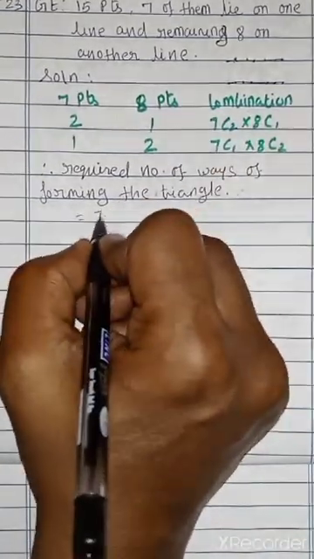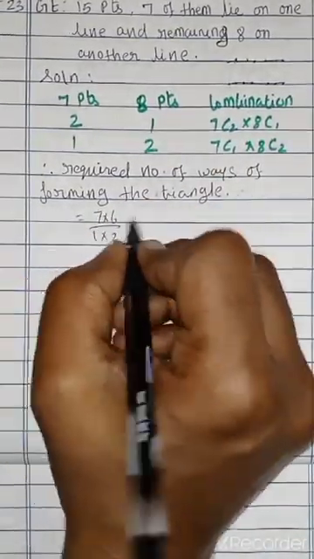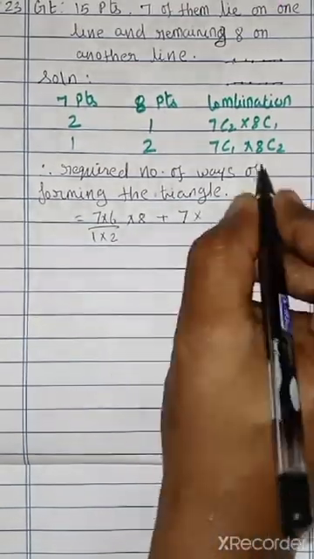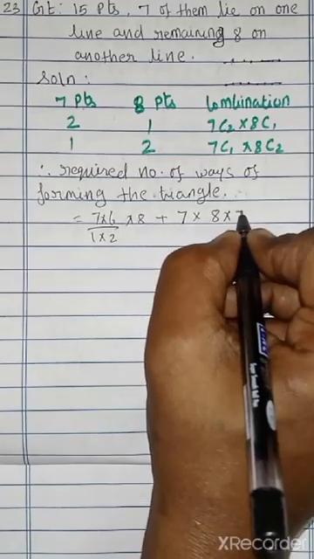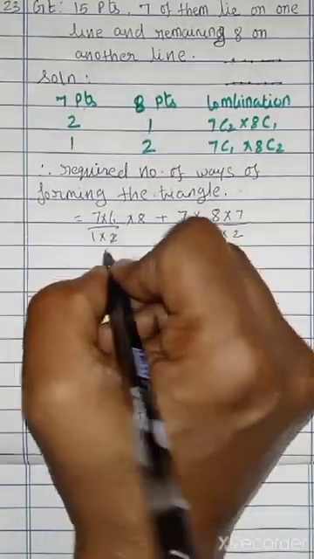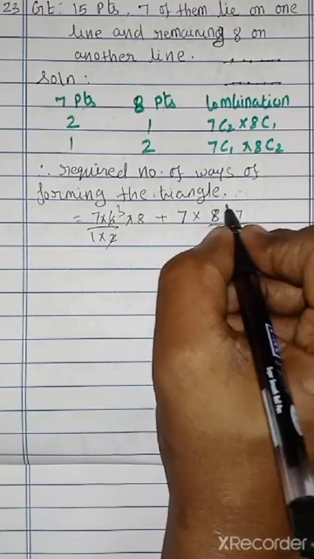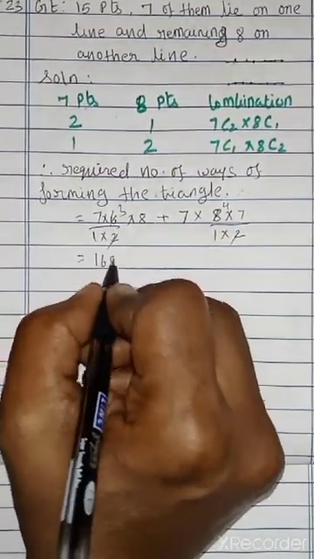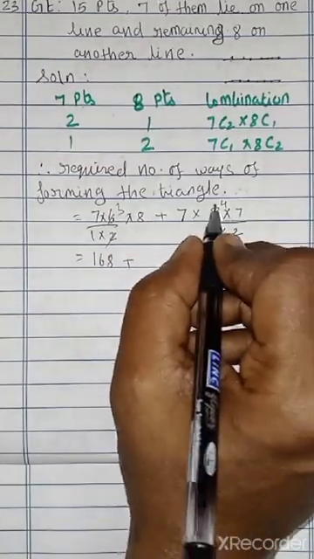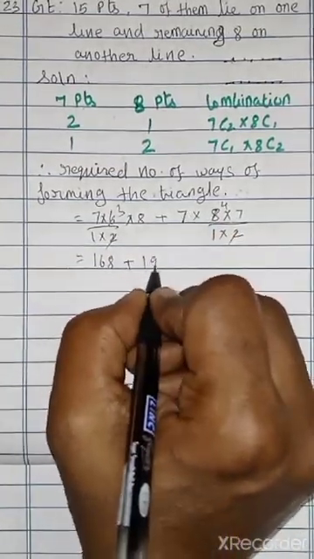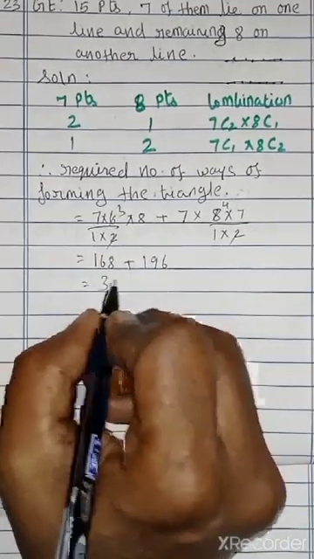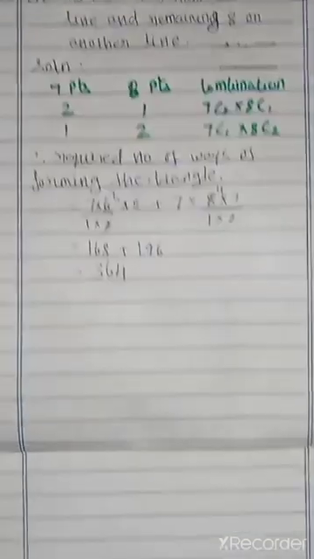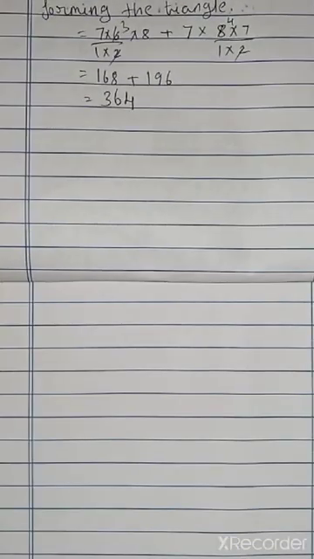So 7C2 is 7 into 6 by 1 into 2, 8C1 answer 8. 7C1 answer 7, 8C2 answer 8 into 7 by 1 into 2, 3 times, 4 times. So that is 21 into 8 is 168. 7 4s are 28 into 7 is 196. So if we add, we will get 364. So 364 is your final answer.